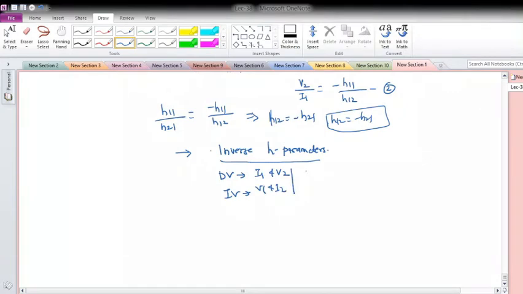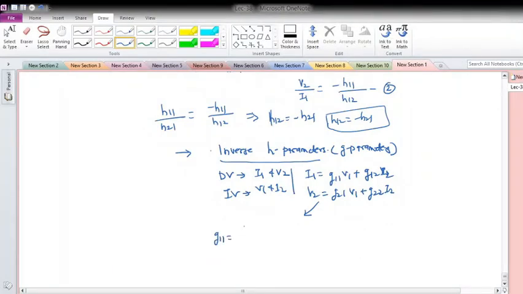So I can write I1 will be equal to G11 V1 plus G12 I2, and V2 is equal to G21 V1 plus G22 I2. These inverse H parameters are also called G parameters. And from that you can calculate G11, which will be I1 over V1 when V2 is equal to 0.